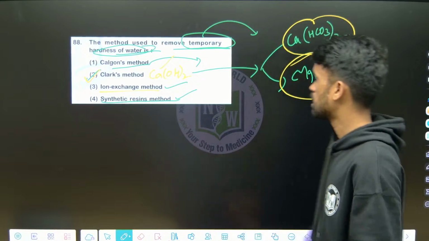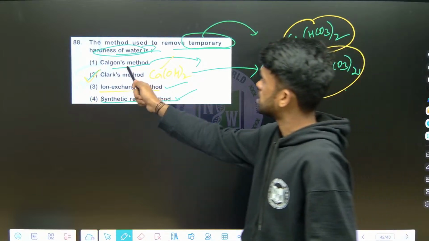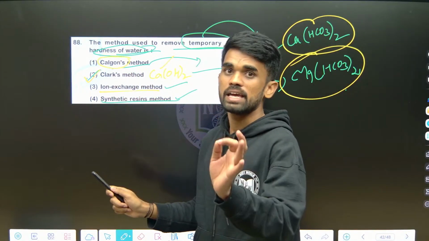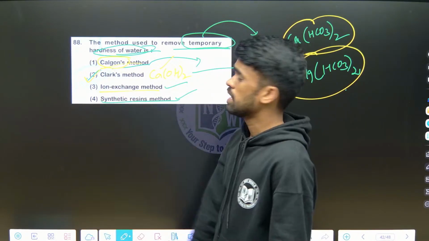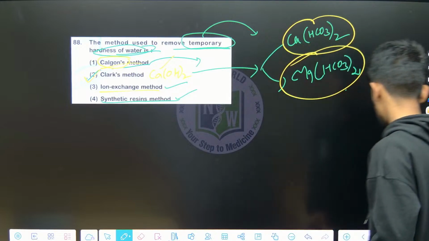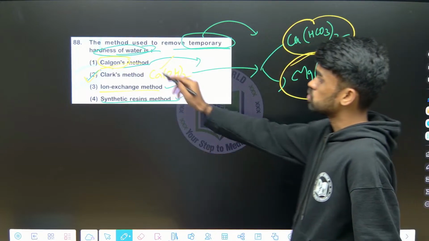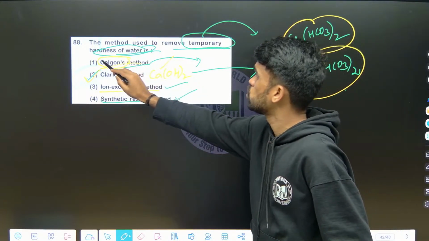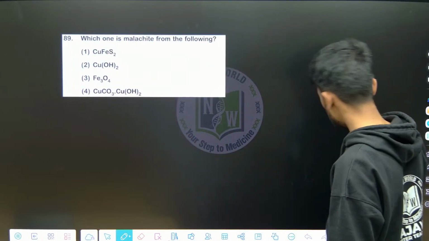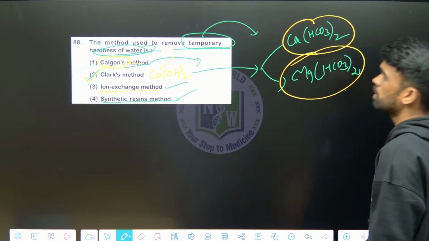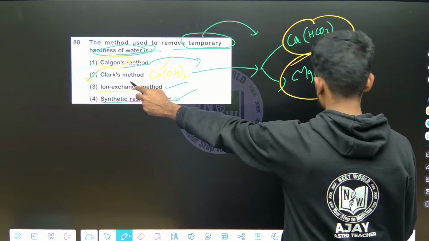I hope it is clear. Calgon, the name itself says calcium gone, so the salts of calcium are removed in this Calgon process. Sodium hexametaphosphate is used in the Calgon process. I hope it is clear. The option for this will be B. Temporary hardness is removed only by Clark's method.